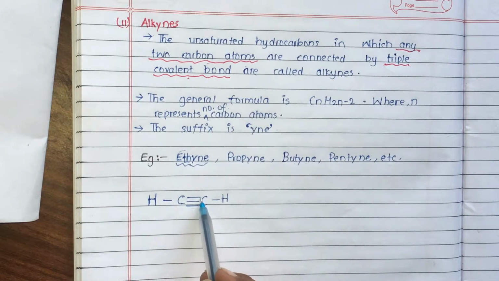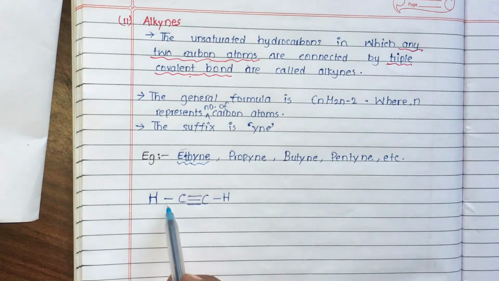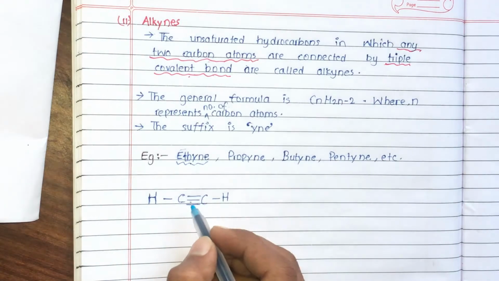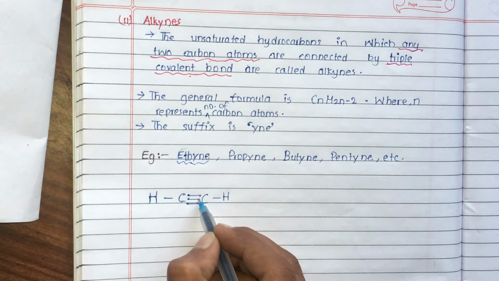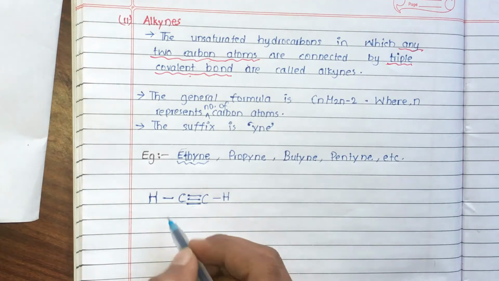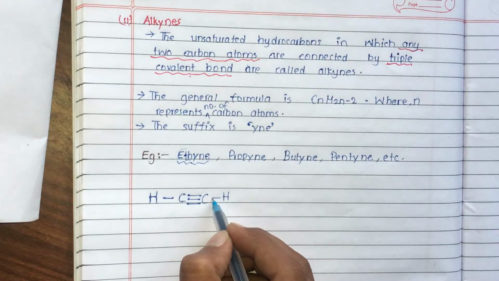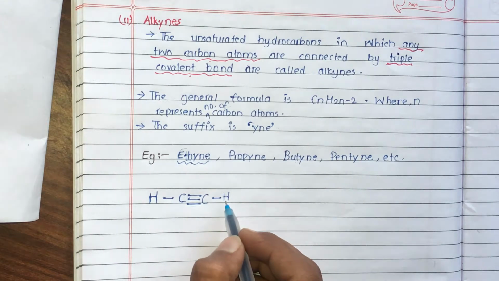So we connect the 2 carbon atoms by a triple covalent bond, and add 1 hydrogen and 1 hydrogen, because the maximum capacity of a carbon is to combine with 4 atoms. So 3 bonds of this carbon are combined with 3 bonds of the other carbon, and 1 bond is combined with 1 atom of hydrogen.